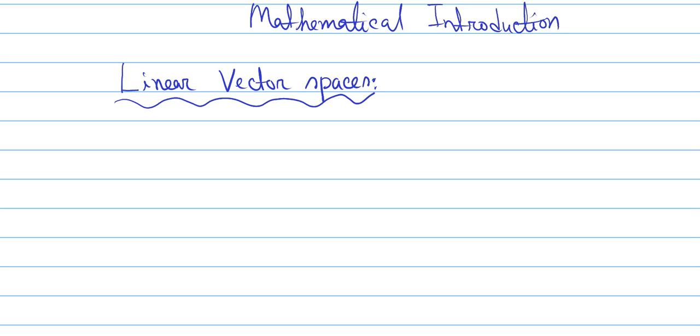We all know what vectors are: something with a magnitude and a direction. We can represent it geometrically by an arrow, and we can represent it by something like A with an arrow over it. We also know the rules of vector addition and multiplication of vectors by scalars.